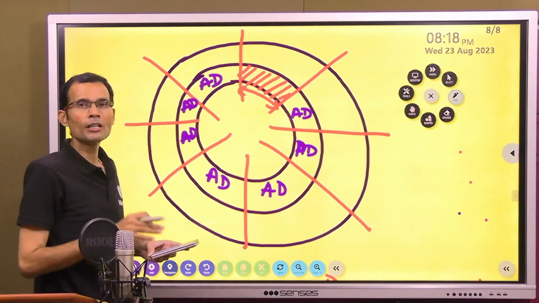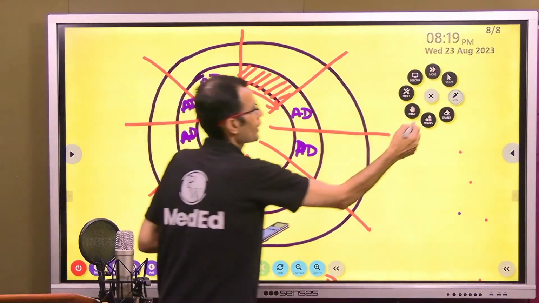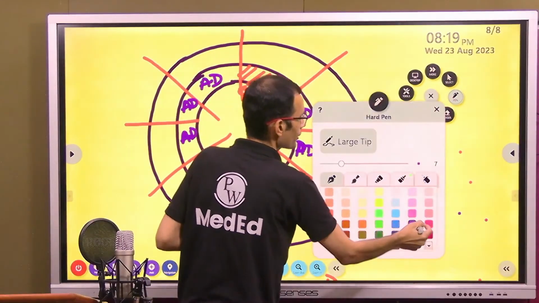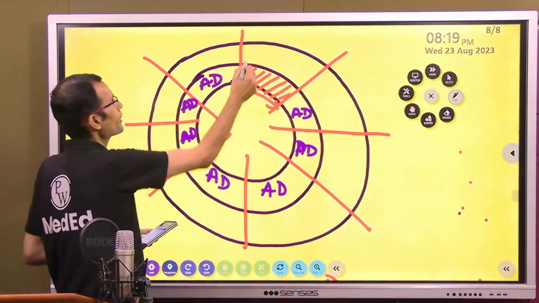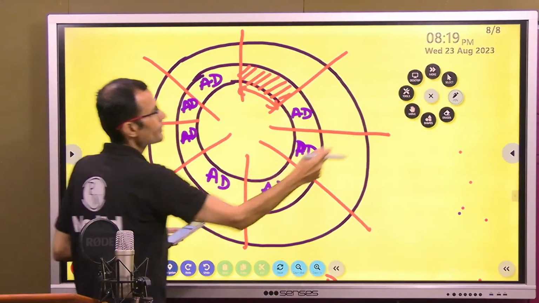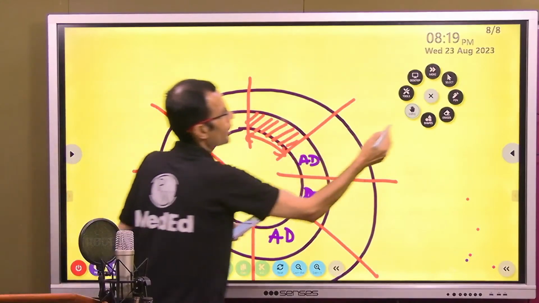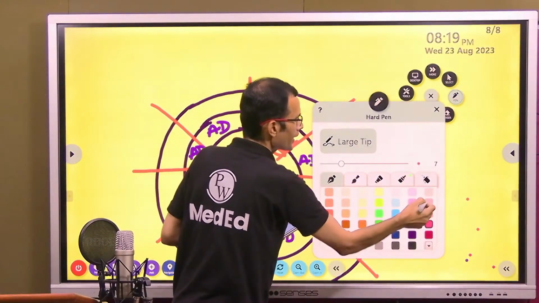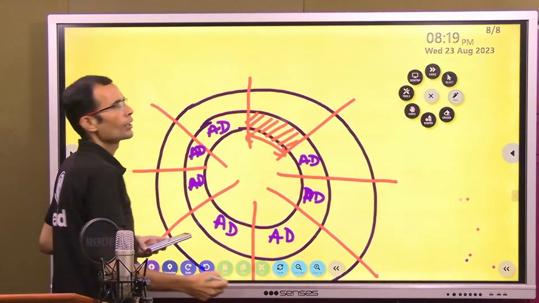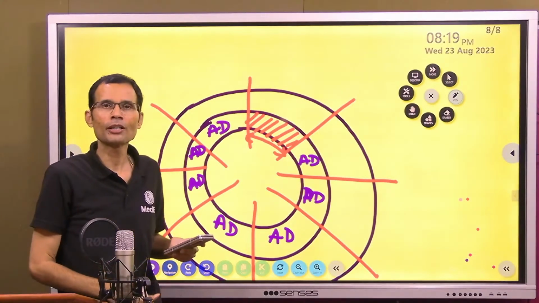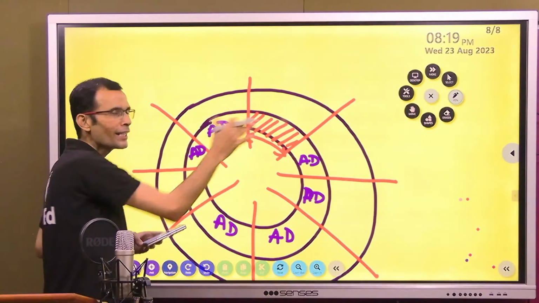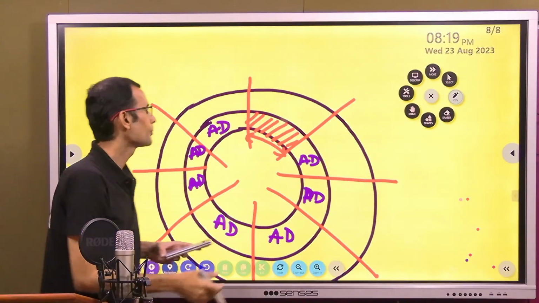Now let us start with the ventricular events. And before I start that, let me just add here that before the start of atrial systole, I would like to show the P wave. That is an additional feature of this particular lecture: correlation with the ECG events.